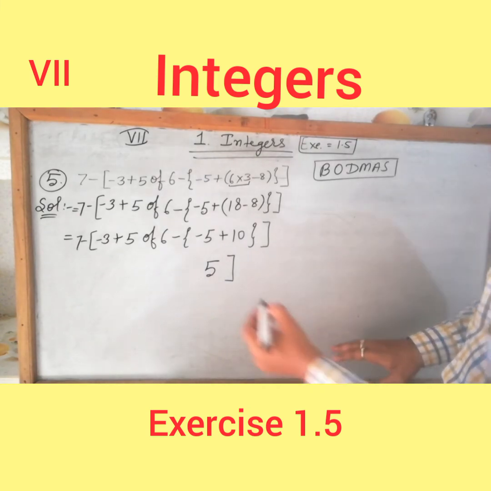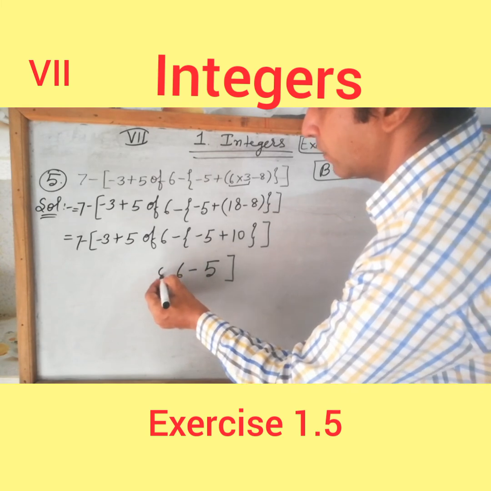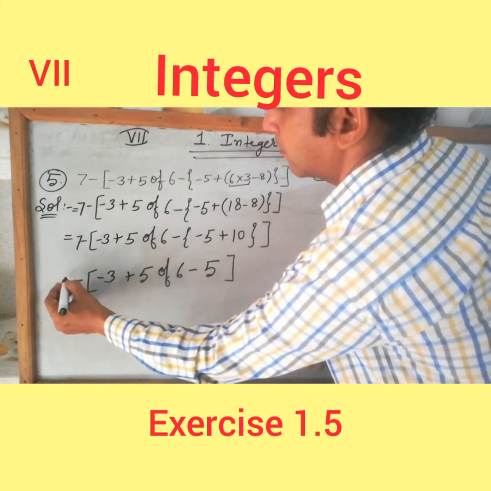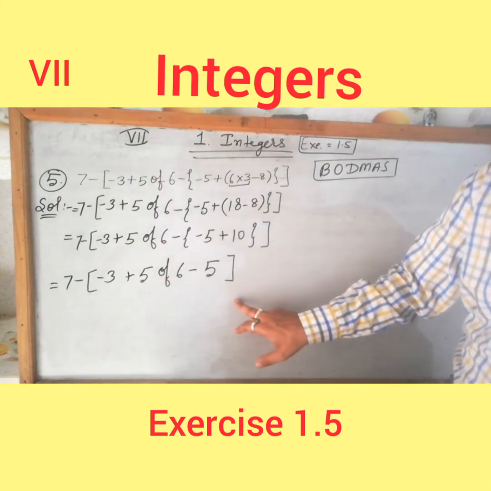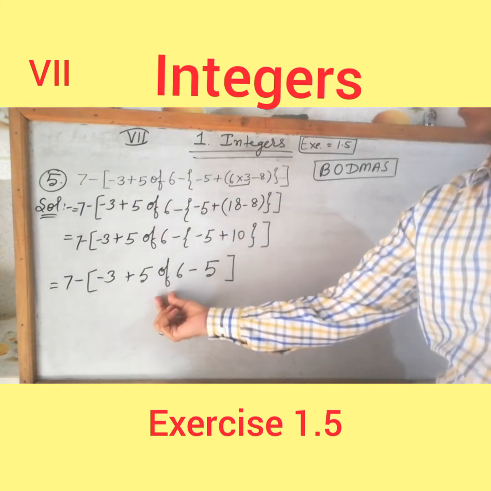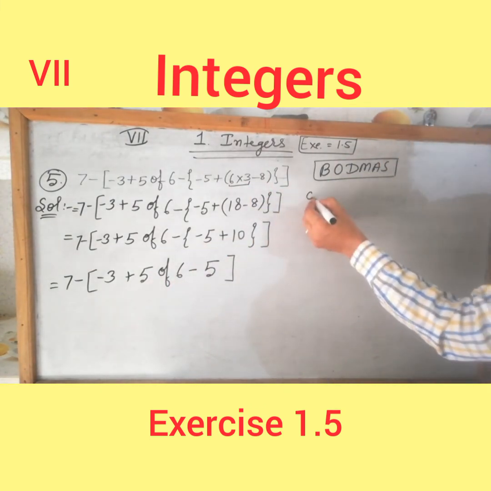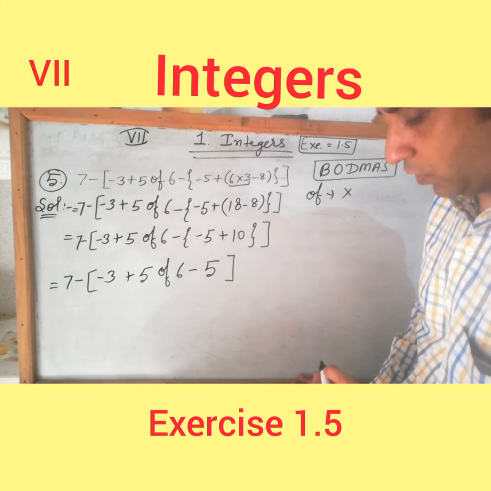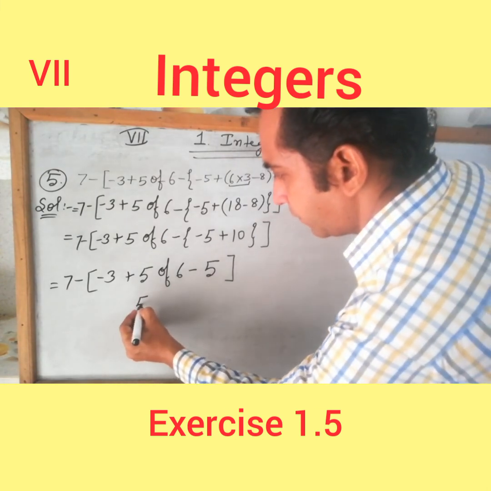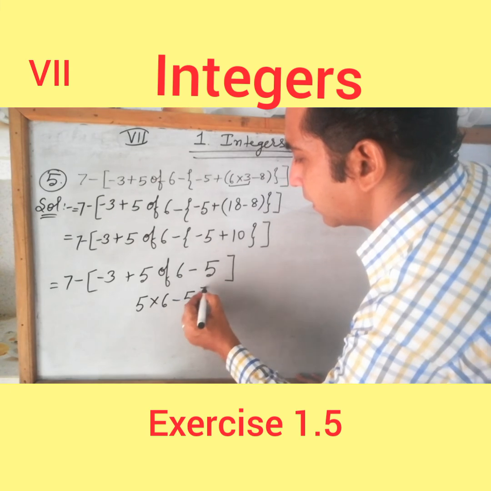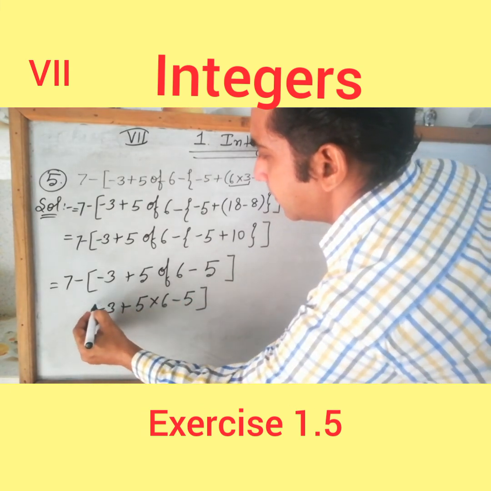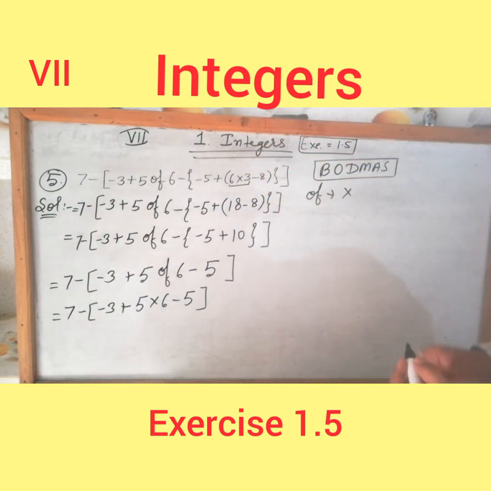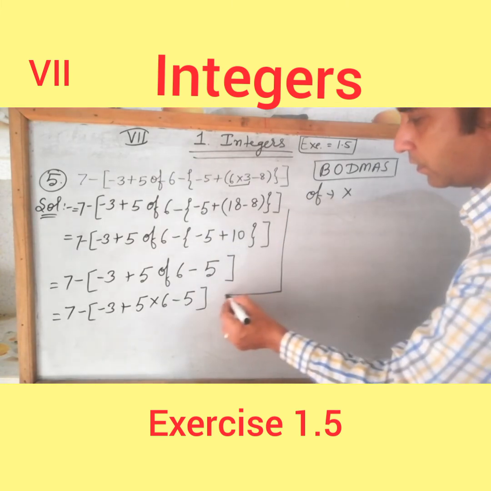Now apply this: 6 of 5 plus minus 3 minus 7. Now there is a big bracket, but there is a sign of. What does of mean? Of means the sign of multiply. So we apply 5 multiplied by 6, minus 5 plus 3. Okay, is that clear? The remaining question I will solve here.